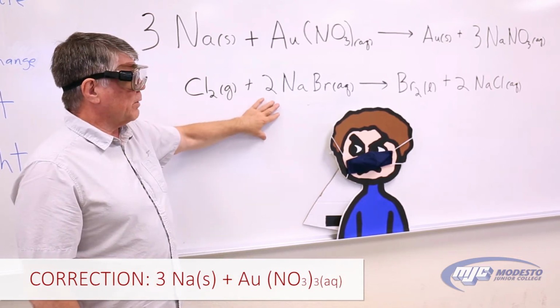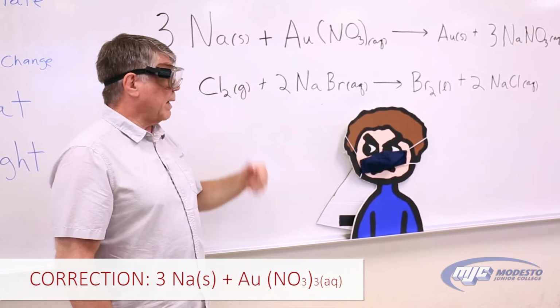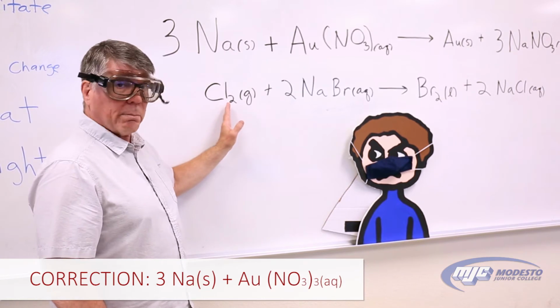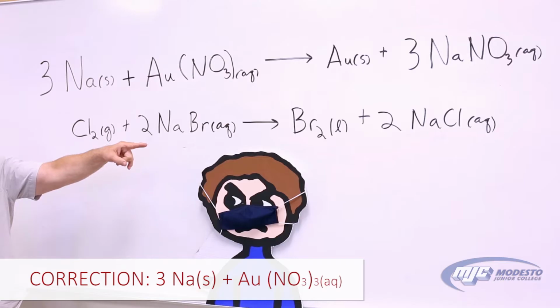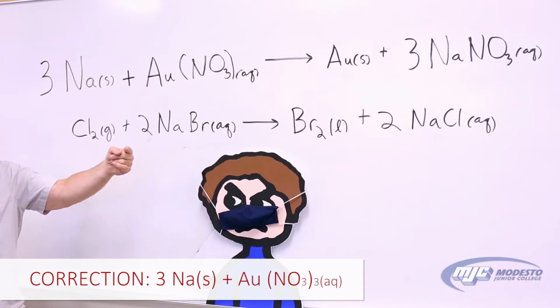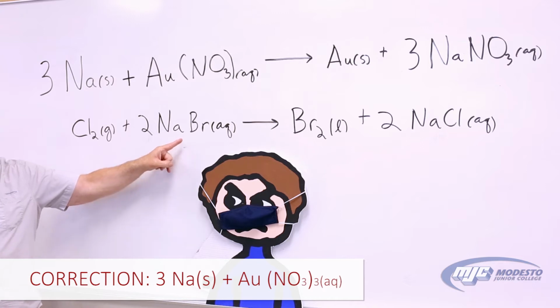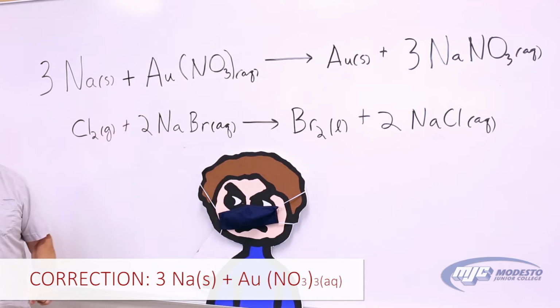Now this reaction down here, this is another example of a single replacement reaction with halogens. In this reaction down here, chlorine by itself has a 0 charge. Over there on the other side, it's sodium chloride. The chloride ion has a -1 charge. In this compound here, sodium bromide, the bromide ion has a -1 charge. Over there, liquid bromine has a 0 charge.